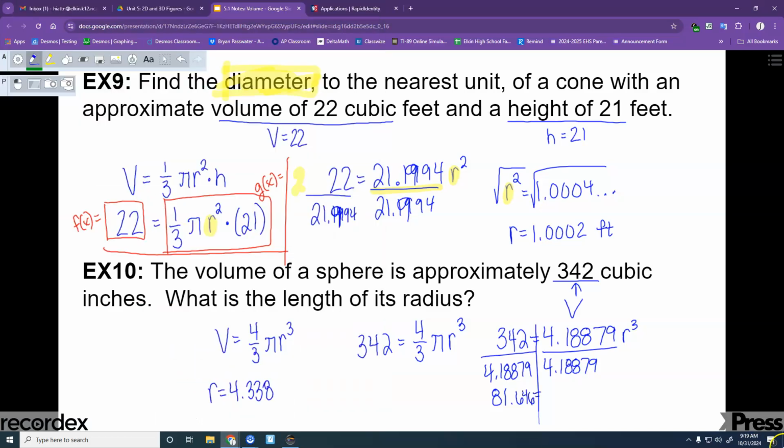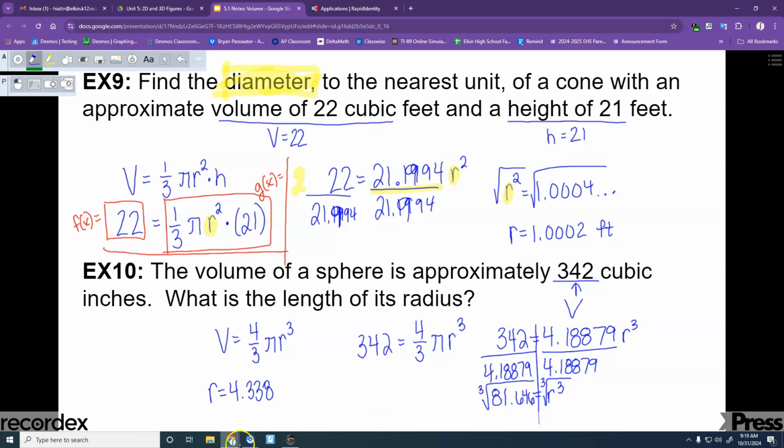Keep that whole number equals r cubed. Josiah, what have I got to do to get rid of a cube? Not divide. It's like a square root, but it's not a square root. It's a cube root. So it's a root, but it's got a little 3 out here on the side.